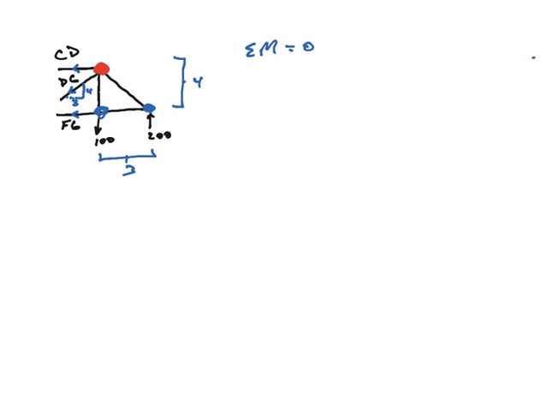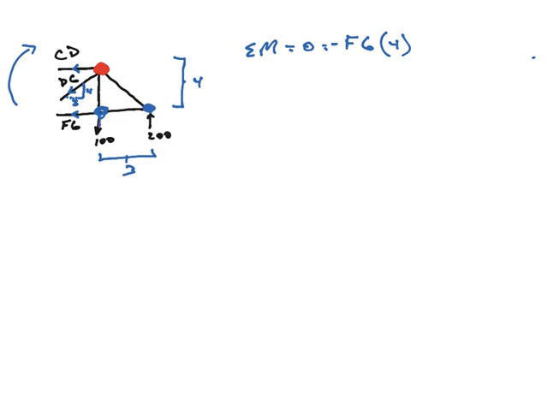So sum of the moments equals 0. What do we have? Well, we have the FG times, we need the perpendicular distance. FG is a horizontal force, so we need a vertical distance from FG up to that point of rotation, which is our 4. FG causes our truss, or this piece of our truss, to try to go clockwise, so he's going to be a negative moment.